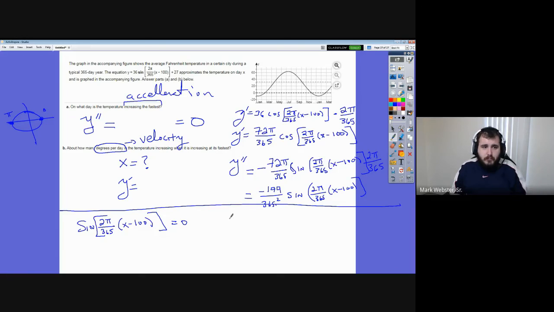And it may just be that we don't really care about the other one because it might be beyond the scope of our year, because they only care about over the year. It should be nice and periodic and happen at the same time every year. So what we have is this argument, 2 pi over 365 times x minus 100, either equals 0 or equals pi.